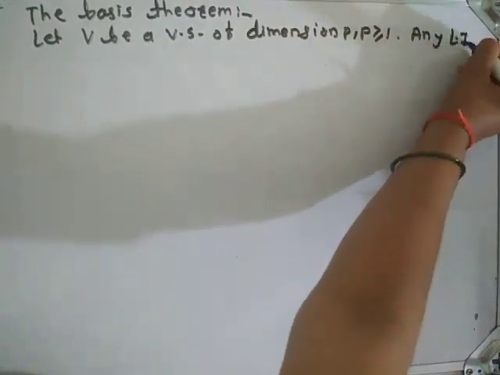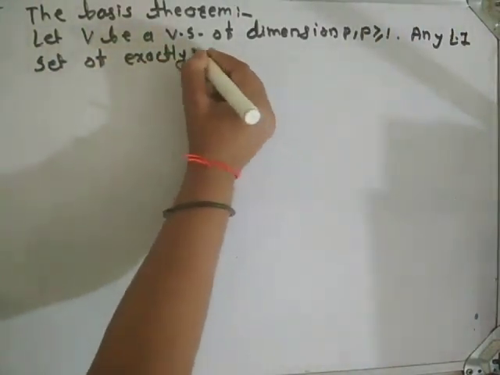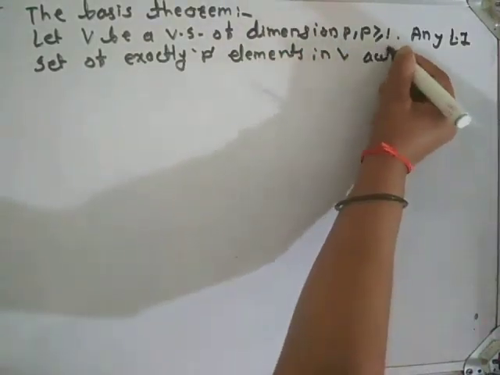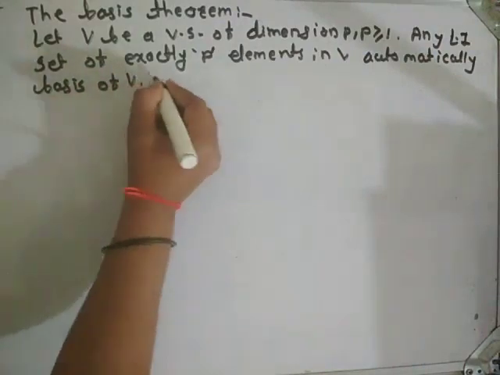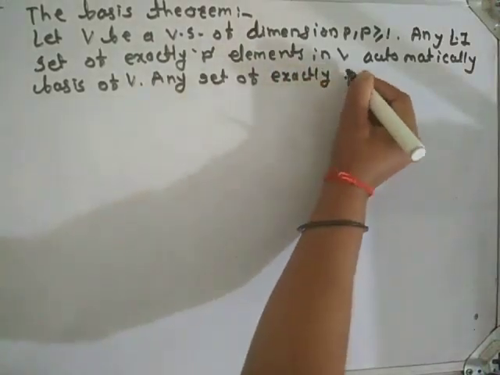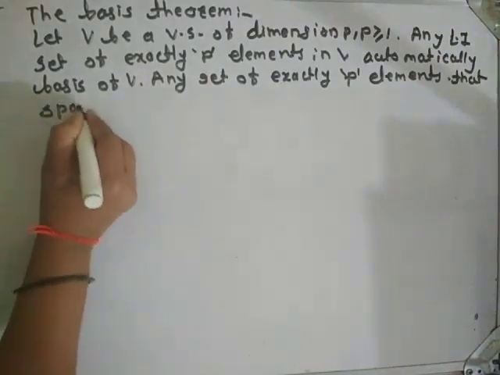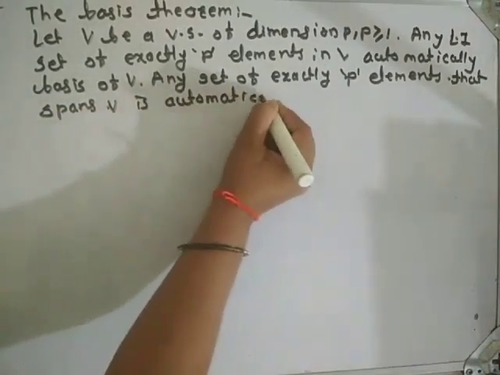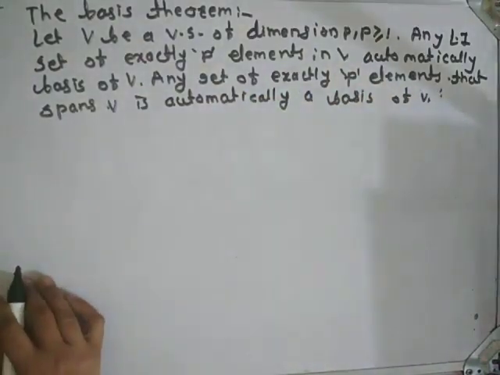Any linearly independent set of exactly p elements in V is automatically a basis of V. Any set of exactly p elements that spans V is automatically a basis of V. This is a very important theorem.